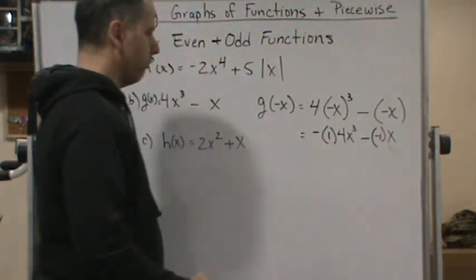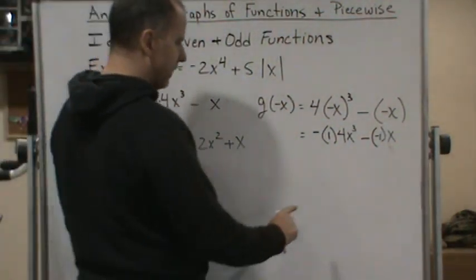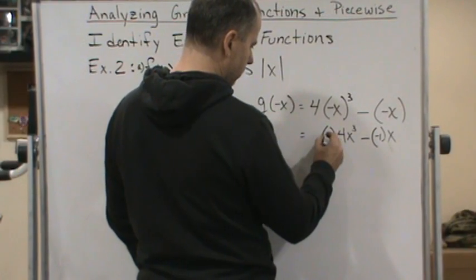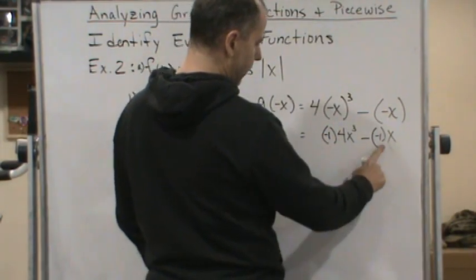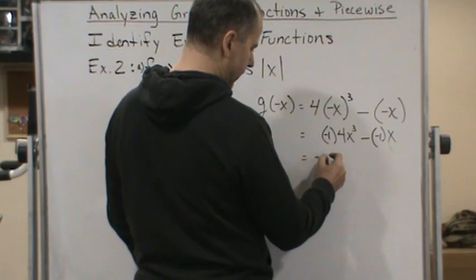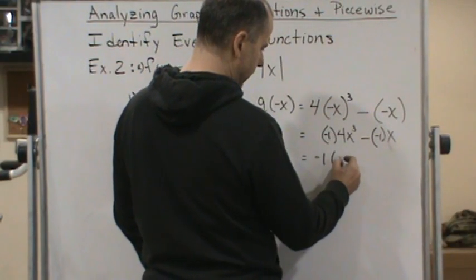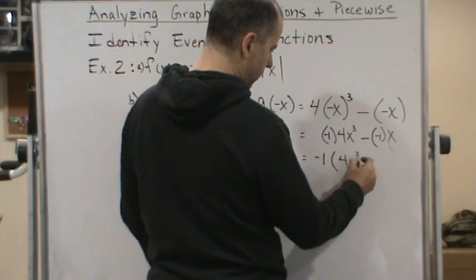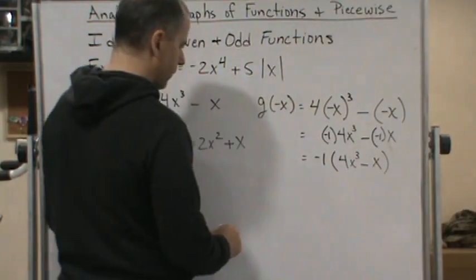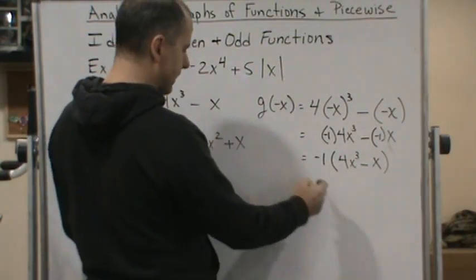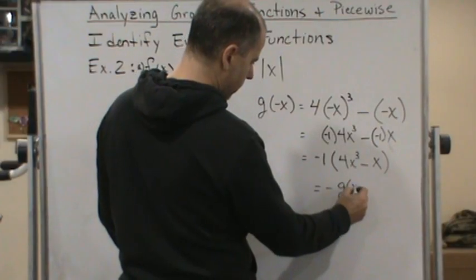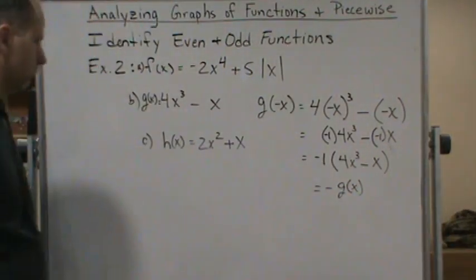Negative 1x. Now, notice I've got this negative 1 here and this negative 1 here, which means I can factor it out. So I get negative 1 times what? 4x cubed minus x, which is the negative of g of x.